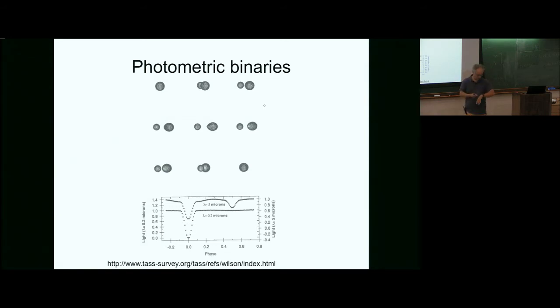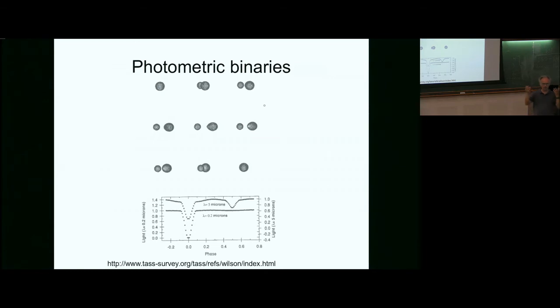So what are the quantities that you can measure when you have a photometric binary, an eclipsing photometric binary? Certainly you can measure the period, yeah? Can you say anything about the relative sizes of the stars? Yeah, you can measure the width of the eclipse, which will be proportional to the ratio between the radius of the star and the size of the orbit.